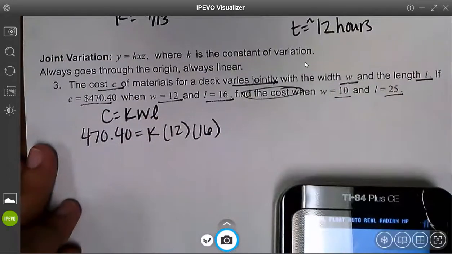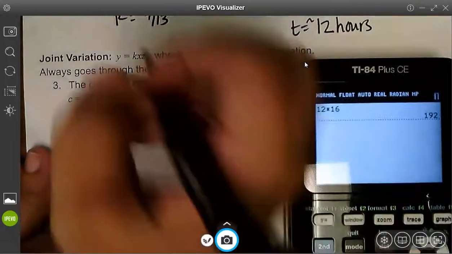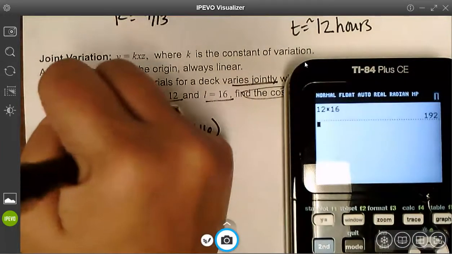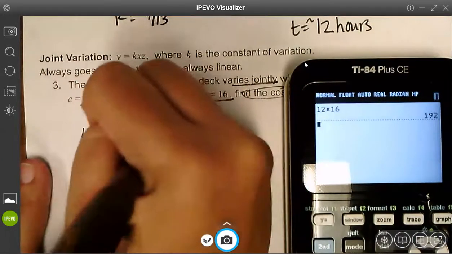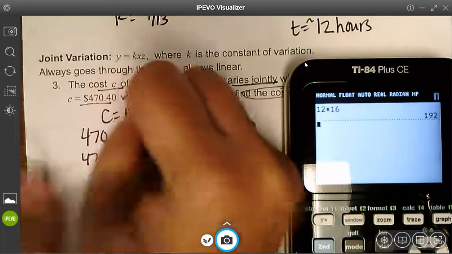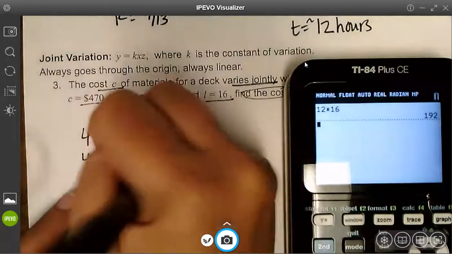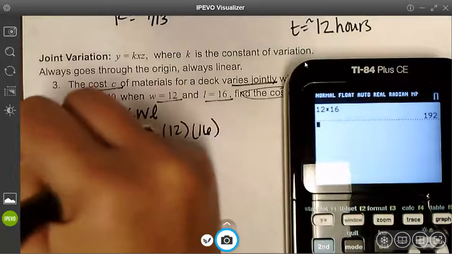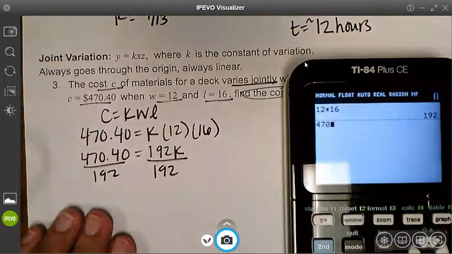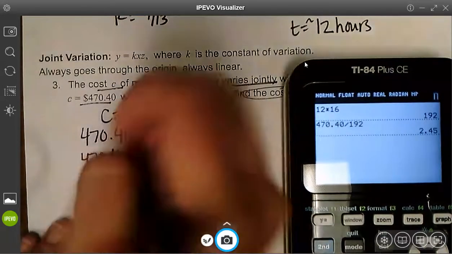12 times 16 is 192, so I have 470.40 equals 192k. Divide both sides by 192. And you get 2.45.